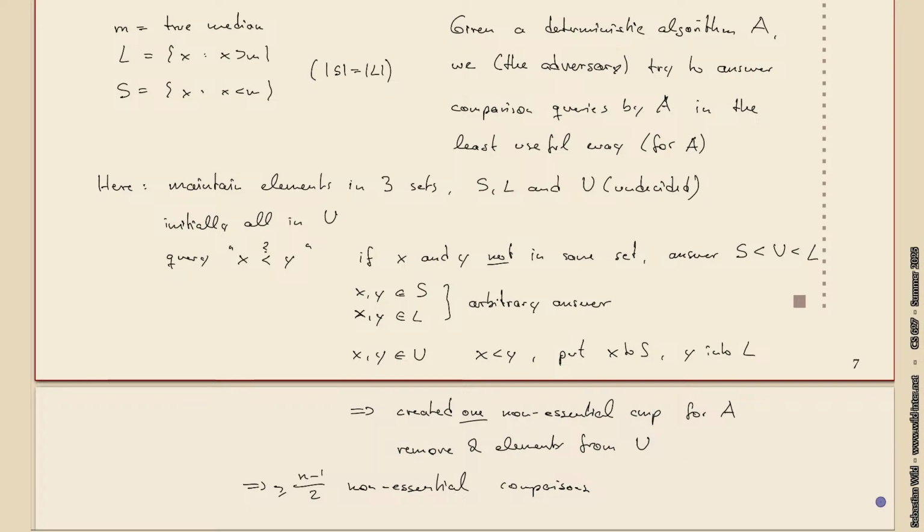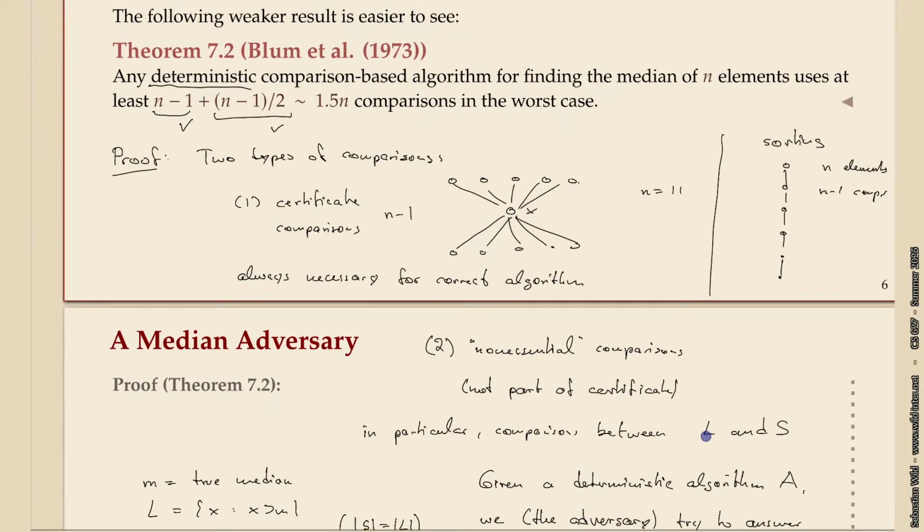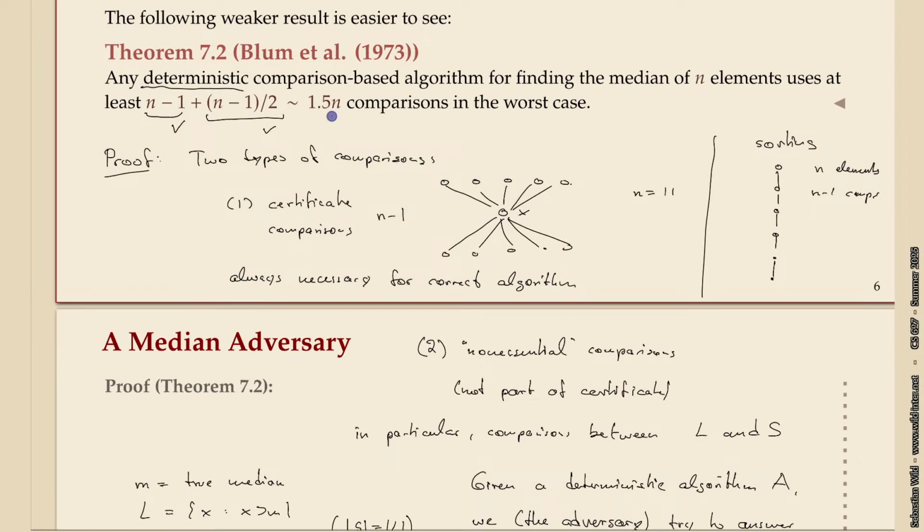I wanted to go through this proof because I think it makes blatant obvious that if the algorithm is randomized, a lot of this trickery is harder to do. You can't really force the algorithm to make the same kind of... now I'm struggling because this lower bound is also true for randomized algorithms.